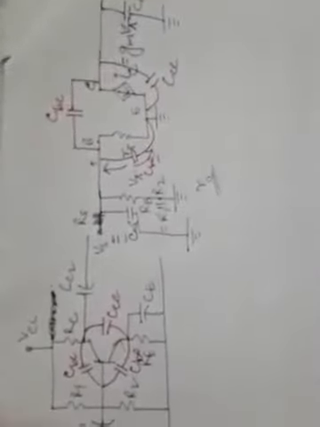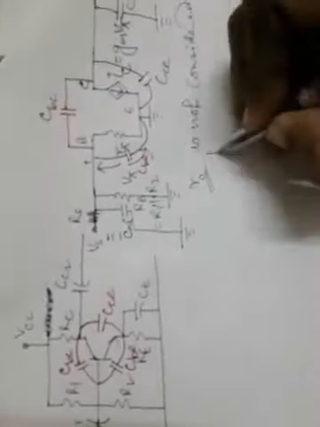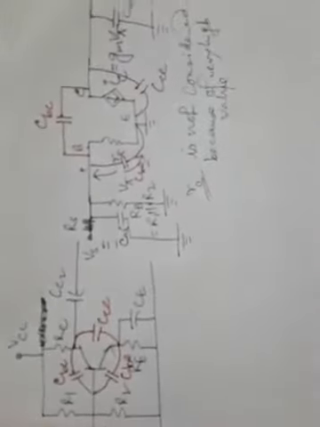Now in this circuit, resistance RO, the output impedance, is not considered because of its very high value. Why? Because a high value resistance will act as an open circuit, so no signal will flow through that.